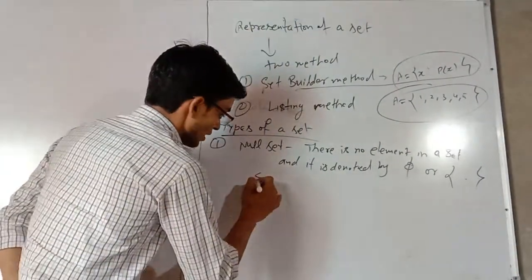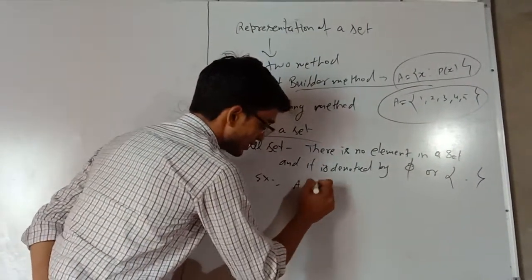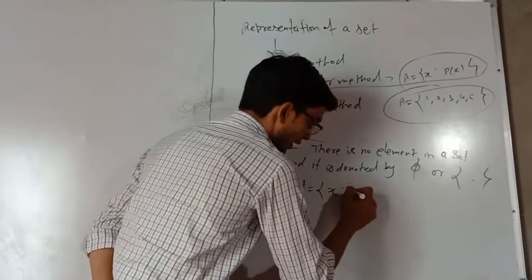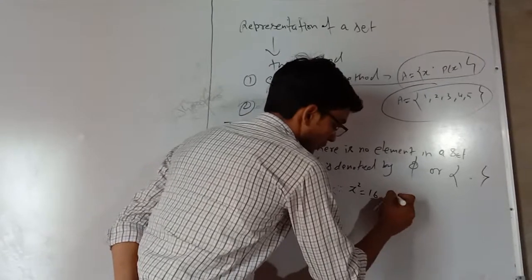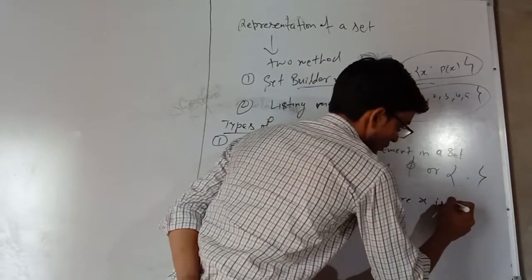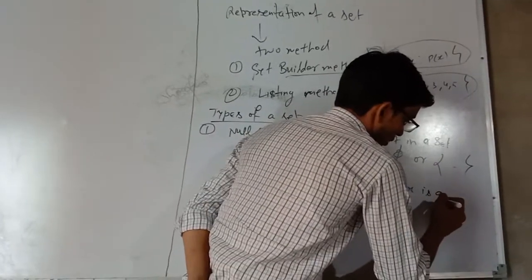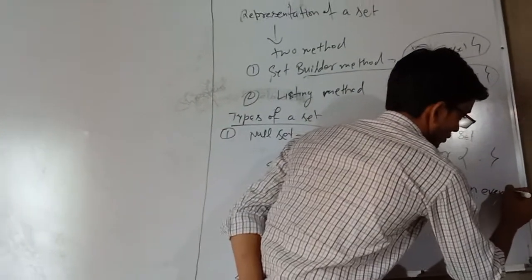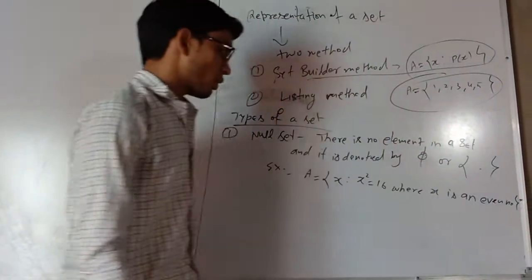Example: suppose A is any set and X is any number such that X square is equal to 60, where X is an odd number.